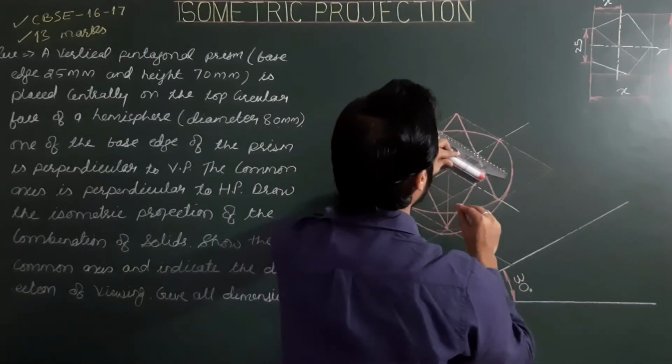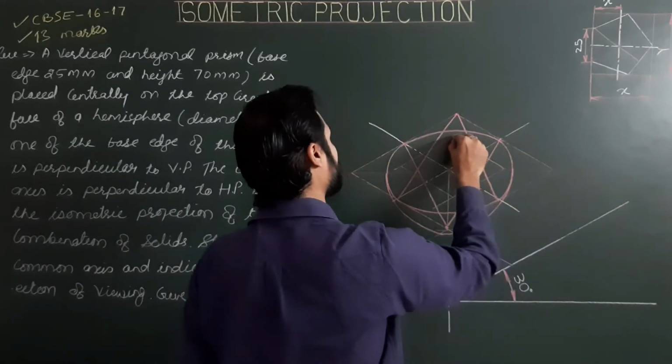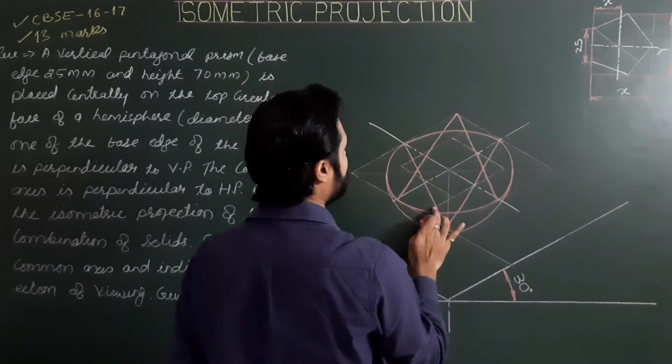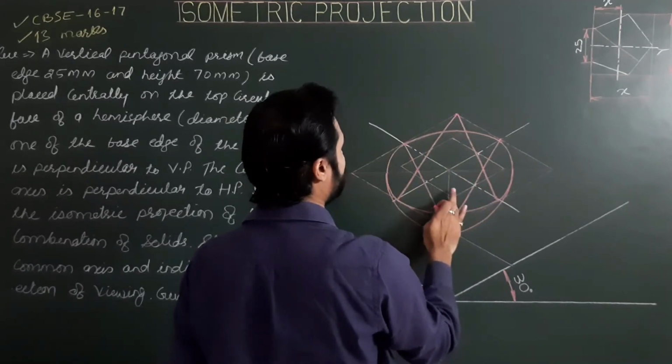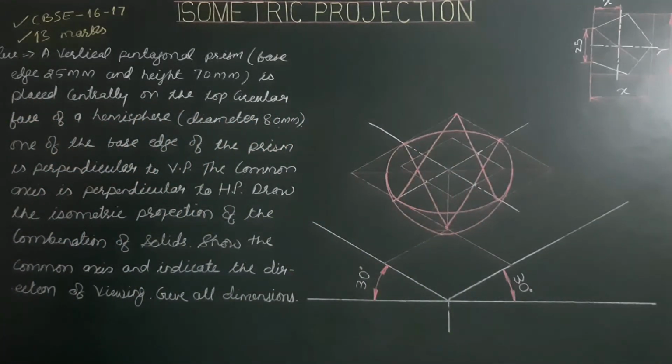So drawing lines parallel to the first and second isometric axis from all marked points. So this is the helping figure.